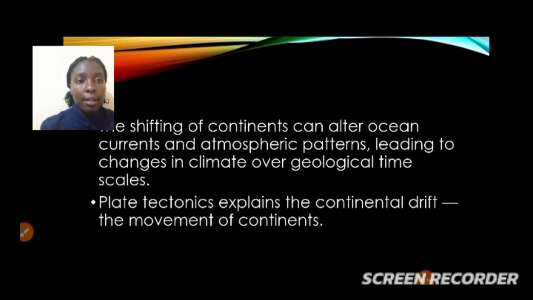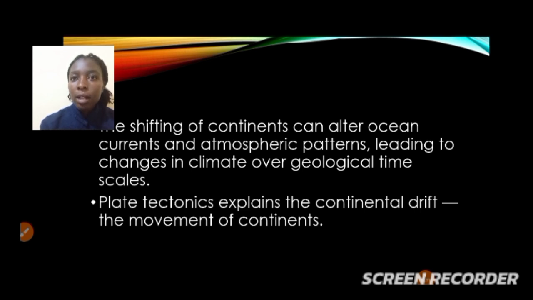Then we have the shifting of continents, which can alter ocean currents and atmospheric patterns, leading to changes in climate over geological time scales. Shifting of continents, where the continents have moved away from each other, leads to changes in climate over geological time.